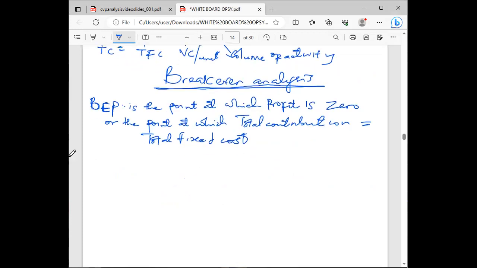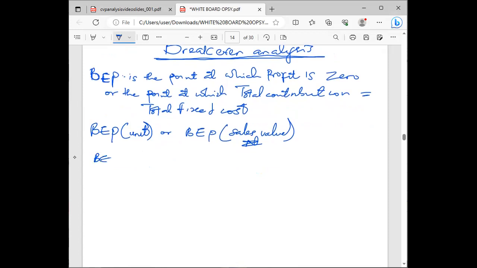Now, there are two methods of calculating break-even points. We can refer to break-even points in units, or break-even points in sales value. When it is in sales value, we are referring to the denomination, or the currency in which the organization trades. Break-even point in units is total fixed cost all over contribution per unit.